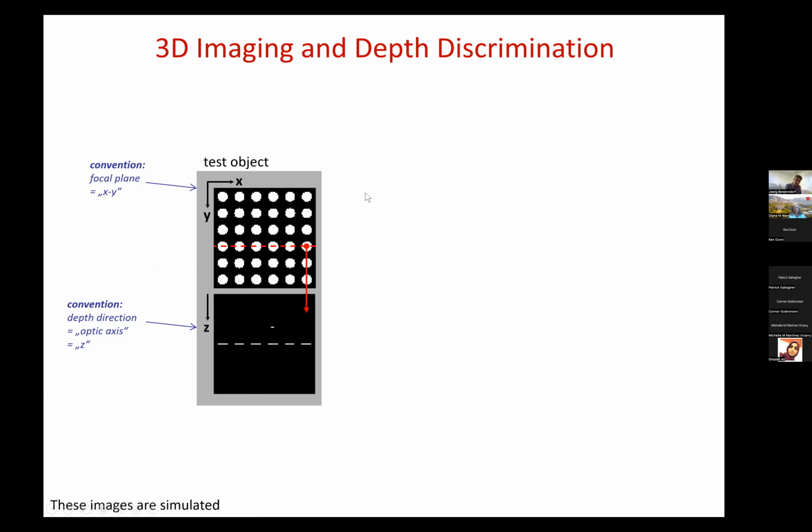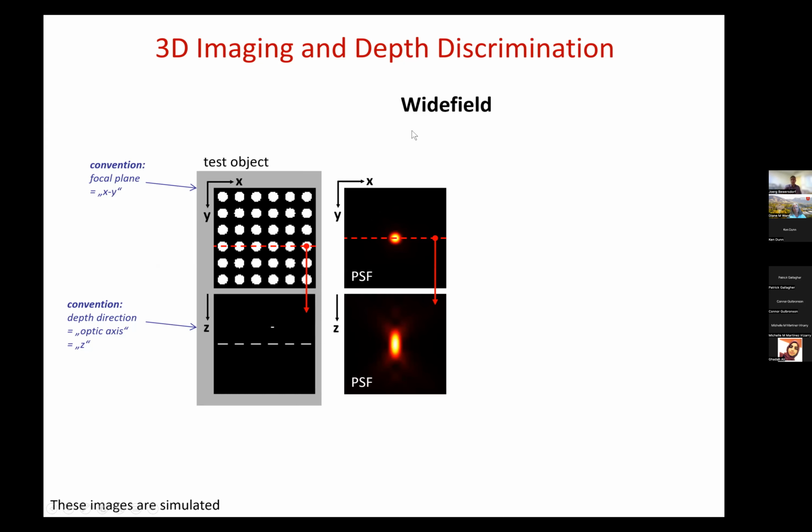This would be the point spread function with which we image that sample. And that point spread function looks quite well behaved. Yes, it is a little bit blurry, as any point spread function of a diffraction limited microscope is. But it is good enough to resolve these individual discs in the focal plane. And even in the depth direction, while it is worse in size, it's about 2 to 3 times bigger, it seems to be quite limited in its extension.